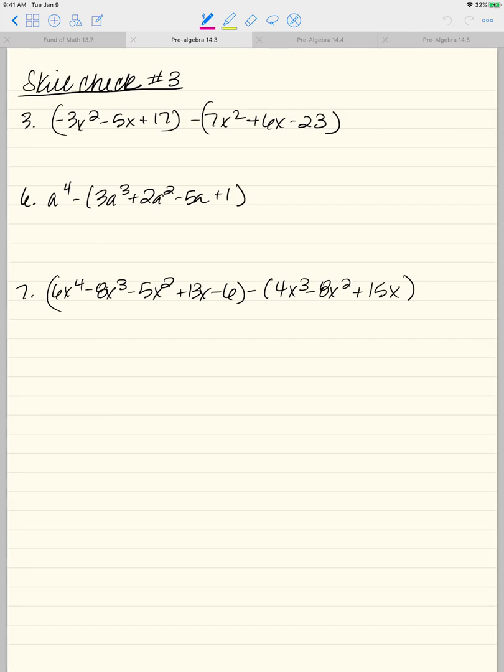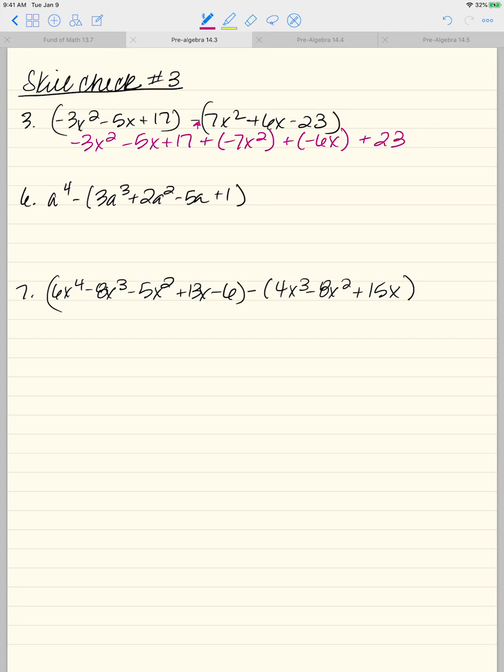Skill check number 3, there's a whole bunch of them in here. Let's do number 3, 6, and 7 together. Negative 3x squared minus 5x plus 17. Change the subtraction to addition, add the opposites. Okay, whoops. That should be plus 23.